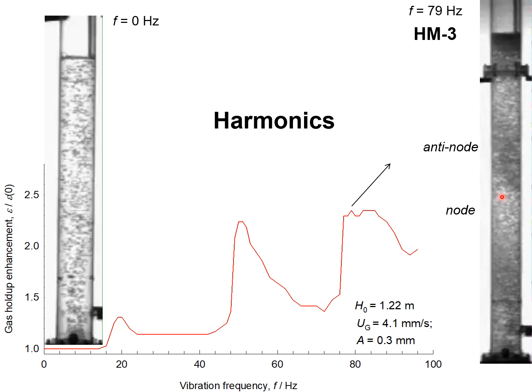At the nodes, we have a lower gas holdup, but at the antinodes, we have a significantly higher holdup of gas. So you have a low holdup, high holdup, low holdup, high holdup, low holdup, high holdup. So this is the third harmonic for the bubble column operation.